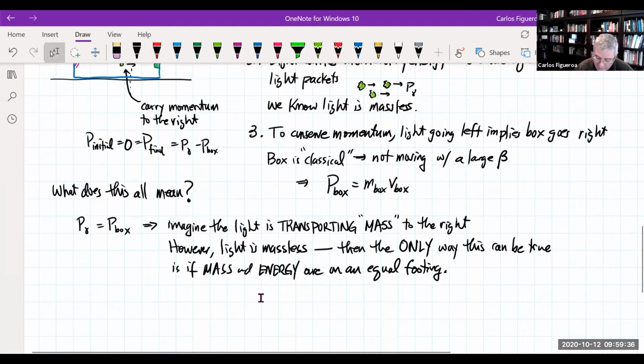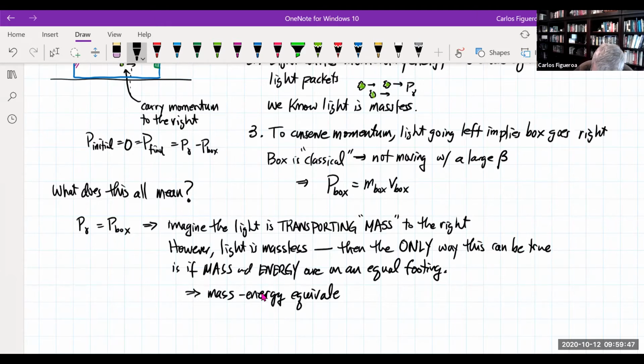And therefore, this is what's known as the mass energy equivalence. And it was Einstein's thought experiment. It was this little experiment that he wrote up E equals mc squared.